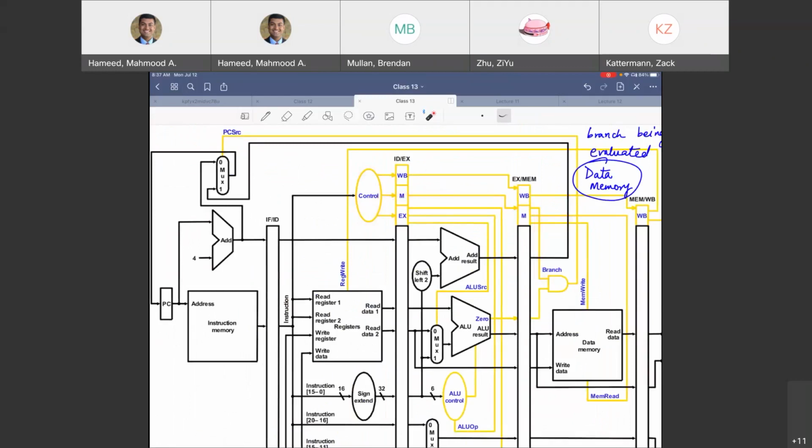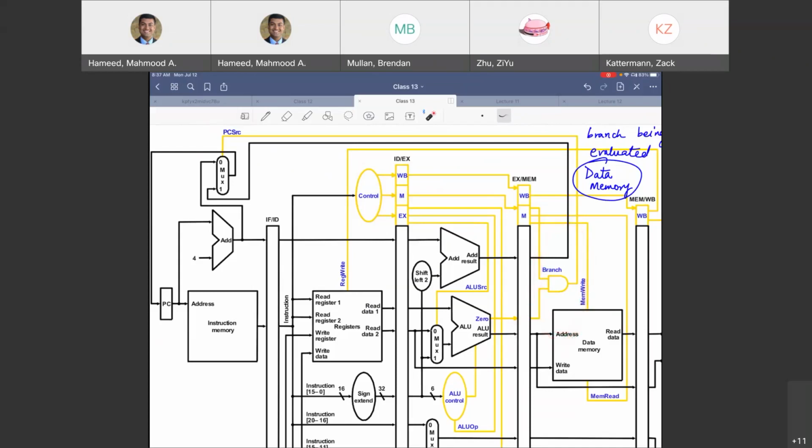So that was not something that we were waiting for, but we had to wait for this guy, the zero. Compare the two registers, subtract them. If they're equal, the zero will be 1. And because we had to wait for this guy, our branch was evaluated late.